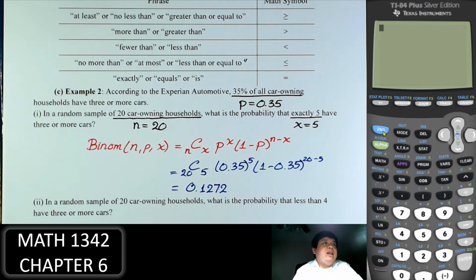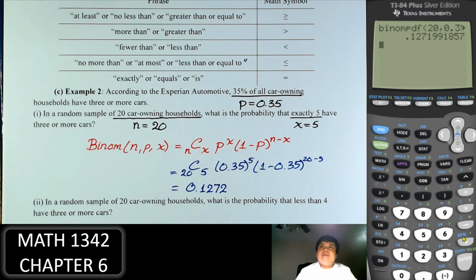Let's do that again. Second distribution, go to option A. Right, number of trials we have 20. Probability of success 35%. And how many we have? Exactly 5. Right. And of course that's what we have.